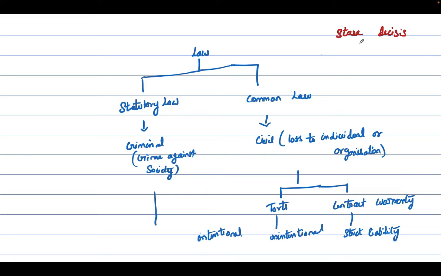So the field of law includes criminal law and civil law. One is a statutory law and another one is a common law. In statutory law, it is a criminal law, and in common law we have a civil law. A criminal law is concerned with acts that are contrary to public policy, crimes such as murder or burglary.